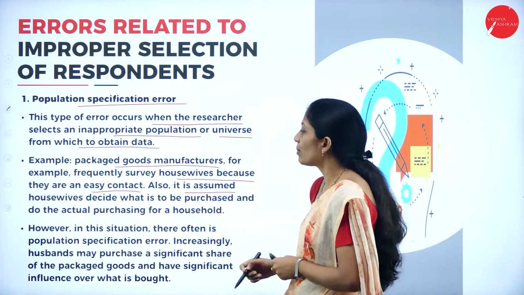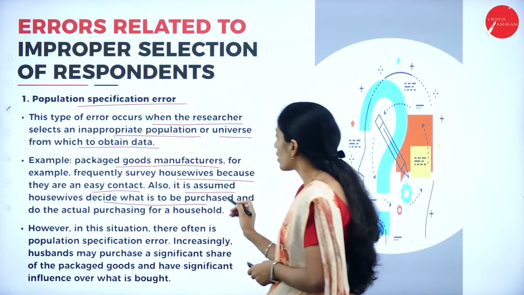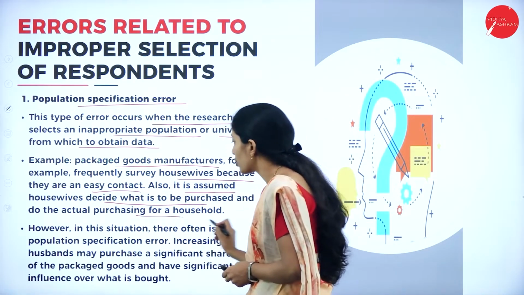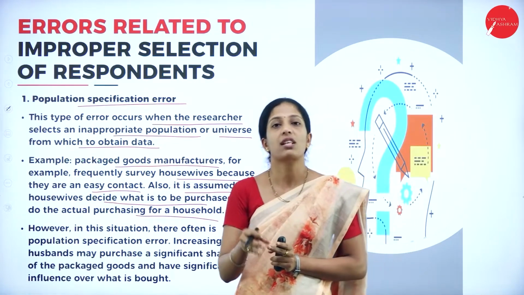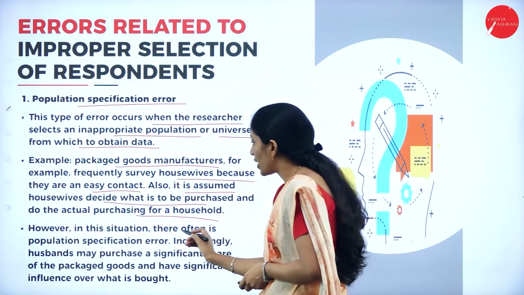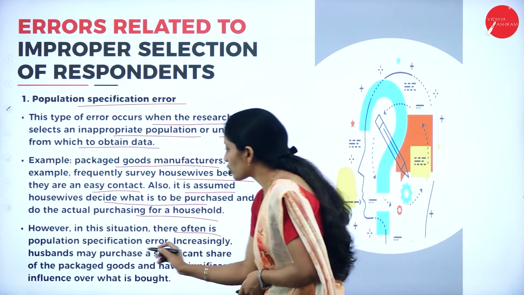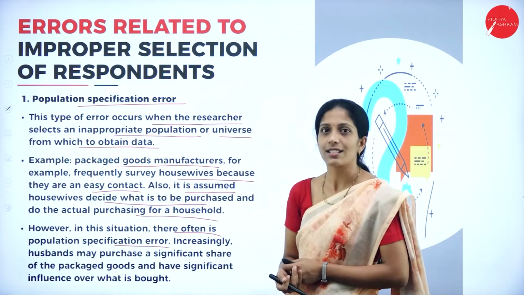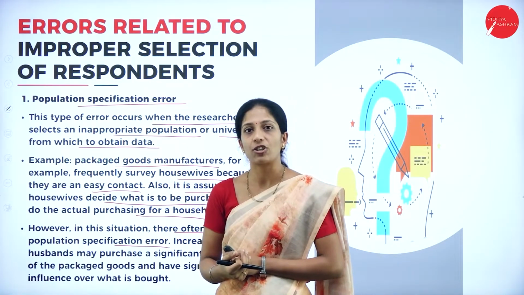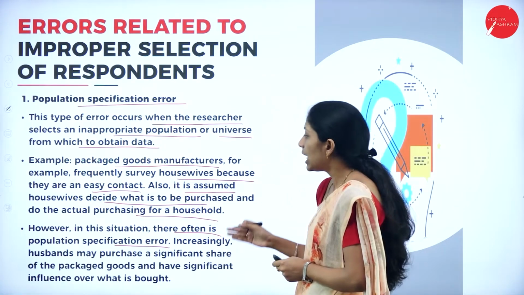Also, it is assumed housewives decide what is to be purchased and do the actual purchasing for the household. So the housewife will know what to purchase and what not to purchase in the house. However, in this situation, there often is a population specification error.